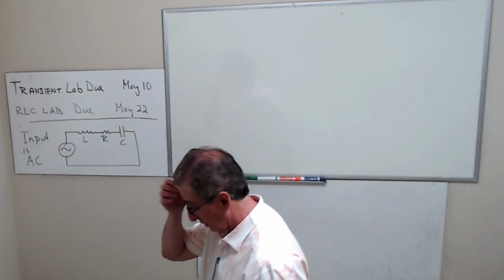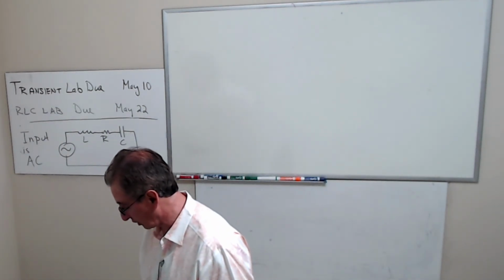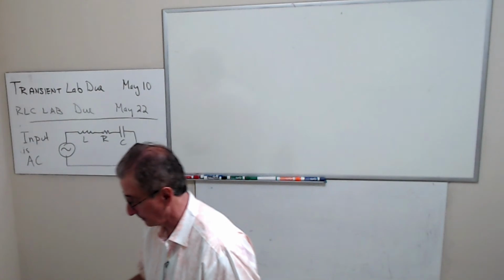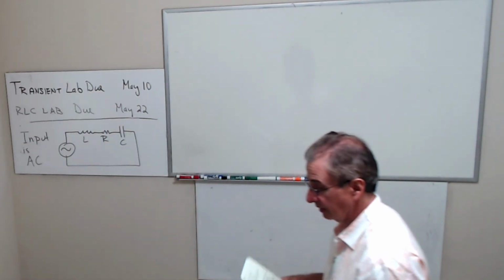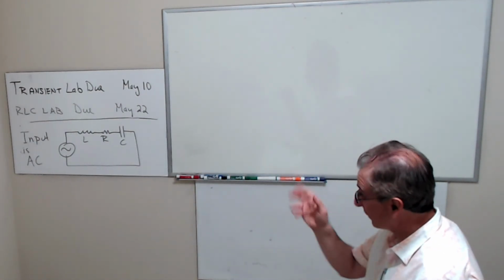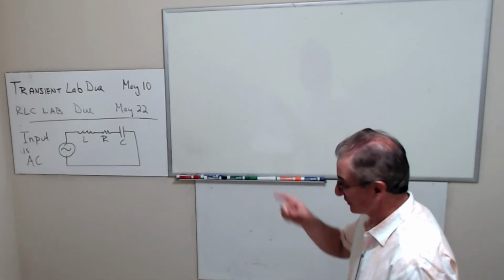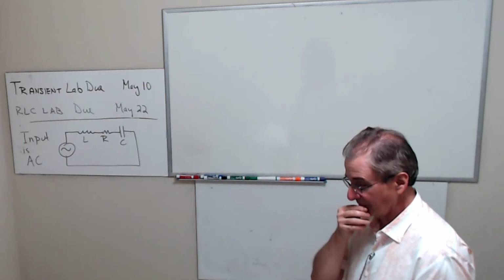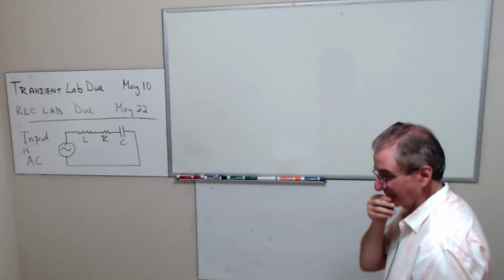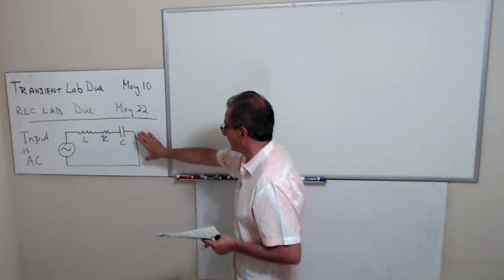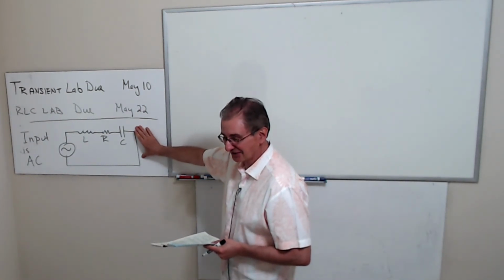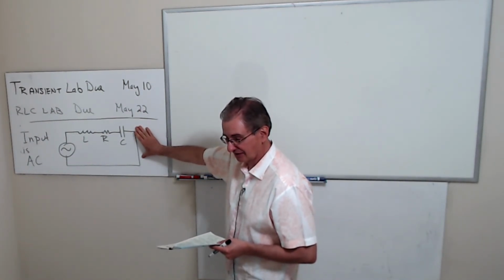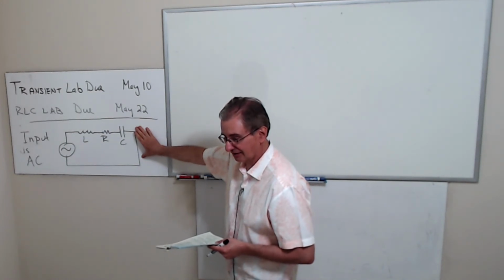It's not until Tuesday where I will go through the theory. This is a very complicated lab because we're doing AC. And yes, I can set up the differential equation for this. And I will do it next week.